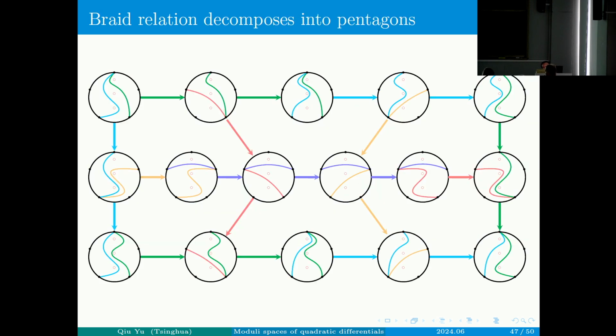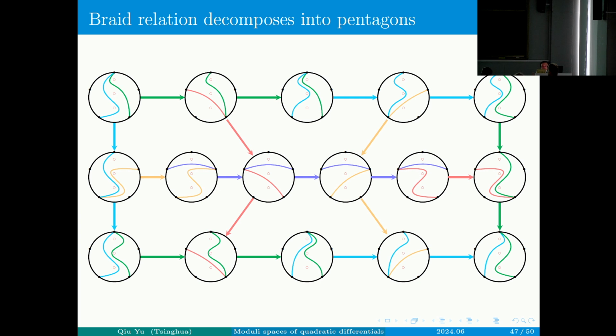The first one is the braid relation. When you have braid twist, this 2-step flip of triangulation corresponds to 1 braid twist. Then you have ABA equals BAB. So this braid relation decomposes into 5 or 6 pentagon relations.